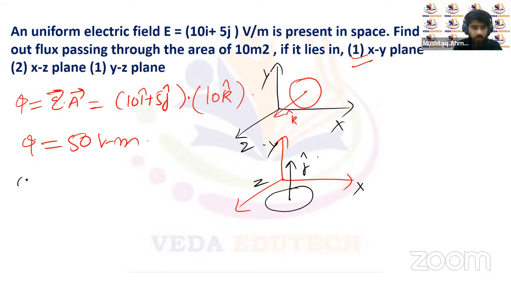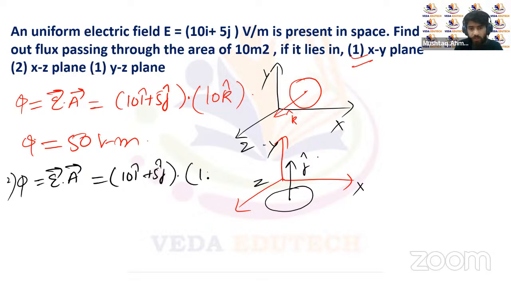So the net flux in this case will be E dot A, that is 10 i cap plus 5 j cap dotted with 10 j cap. So the net flux here will be 100 voltmeter.